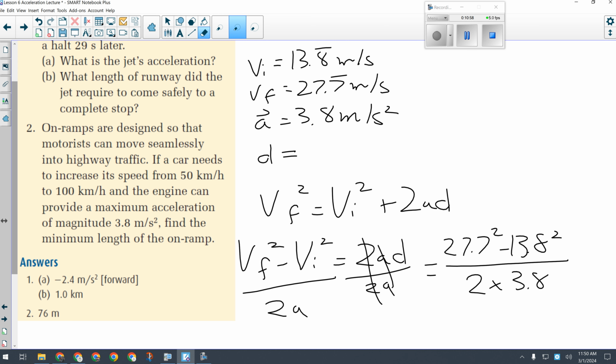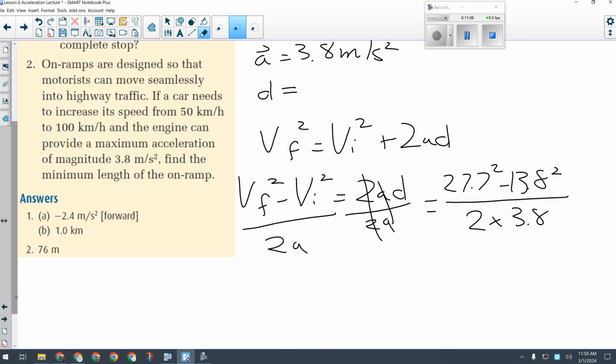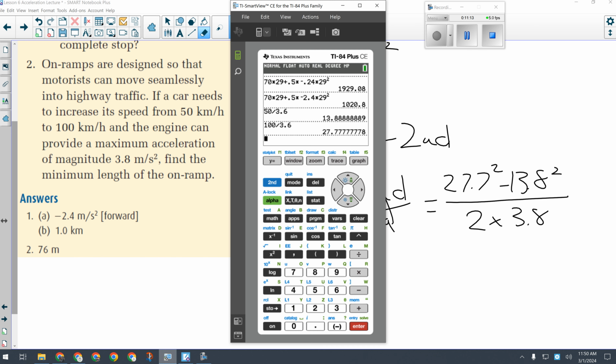Yeah, that's what usually, if there's a mistake that somebody makes after having done basically everything else right, it's entering the squares in their calculator. All right, so our total distance here, if we plug that into our calculator, of course, keeping all of our decimals from before, we would have this number squared minus that number squared, and then we would divide that by 2 times 3.8.